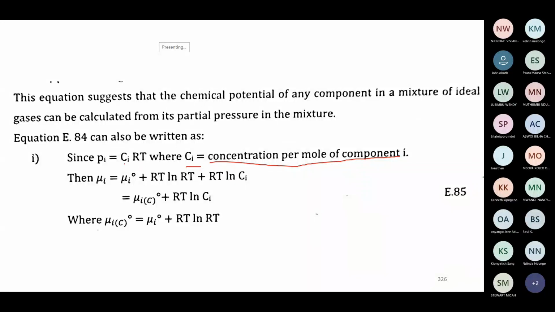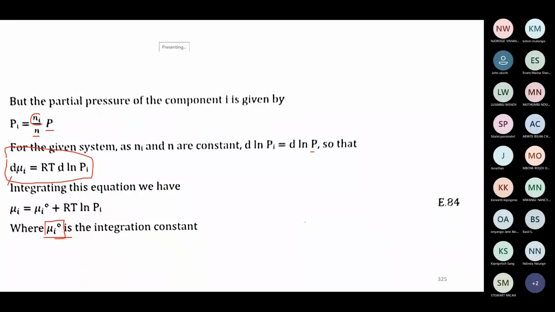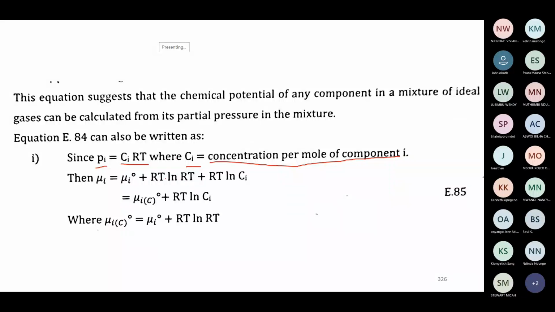So we are replacing Pi into that expression here, E84. Now the natural log of Ci RT is the same as the natural log of Ci plus the natural log of RT. That's why we have them separate here.